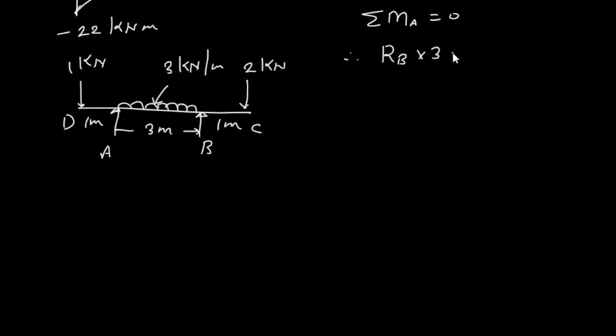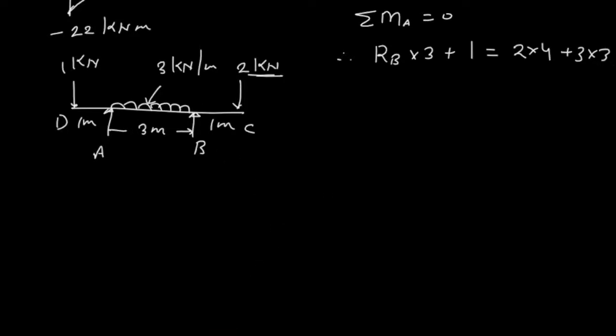So RB times 3 plus 1 times 1 is equal to, now clockwise moment what we have, 2 times 4. Now this 2 kilonewton is acting at a distance of 4 meter from point A. So 2 times 4 plus UDL is what, 3 times 3, and it will act at its center, so that means at a distance of 1.5 meter from point A.